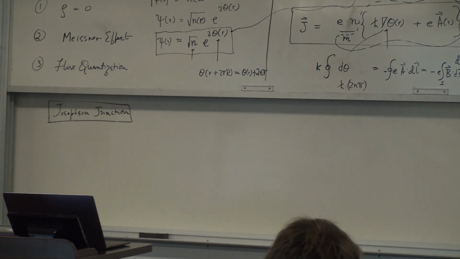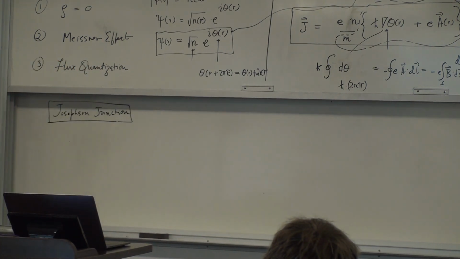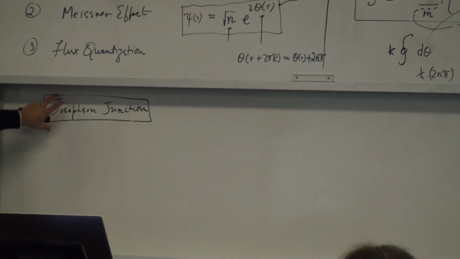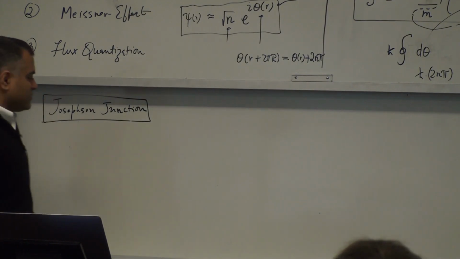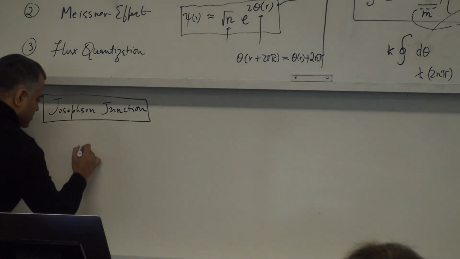Even John Bardeen, who was one of the leads in figuring out the microscopic theory of superconductivity, and also figured out a lot about semiconductors, as you know, won 2 Nobel Prizes, one for semiconductors, one for superconductivity. He didn't quite believe that this can happen, though he had created almost the microscopic theory of superconductivity with Cooper and Schrieffer. But here's what happens in a Josephson junction.